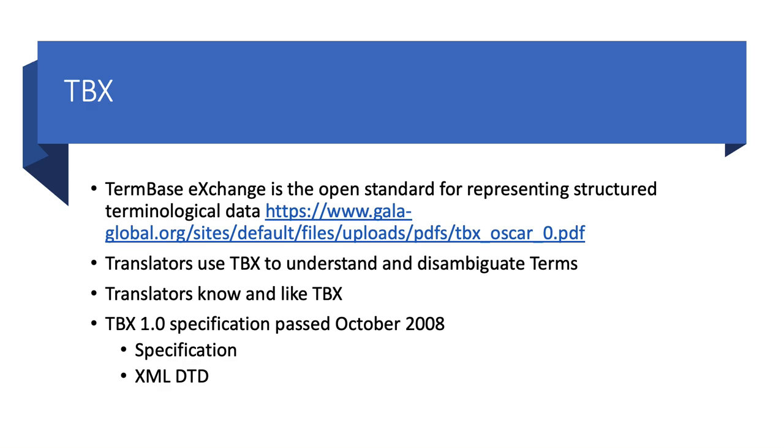It's the open standard for representing structured terminological data, and it's available at that URL there. Translators use TBX to understand and disambiguate terms. Translators know and like TBX. TBX 1.0 was passed October 2008. It has a specification and a DTD.